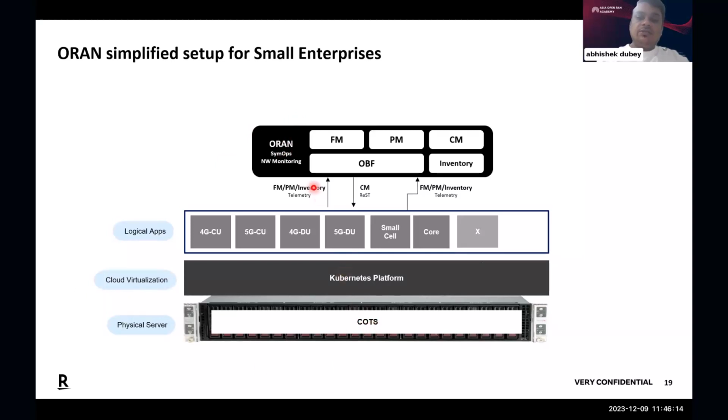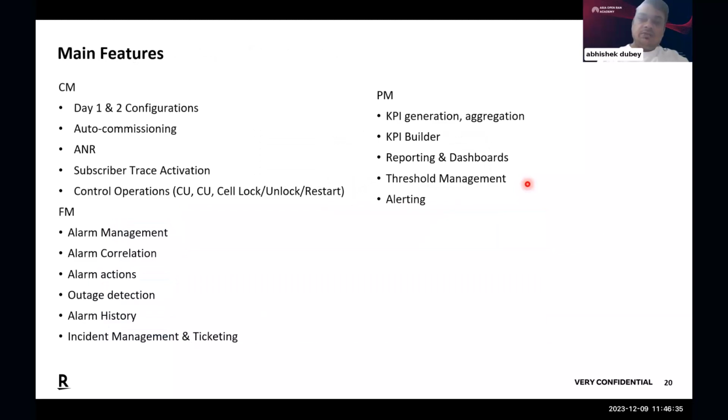Okay, so it's not just monitoring this and this. It's monitoring Robin.IO, or Rakuten cloud platform, as well as COTS hardware. Okay, so this is the advantage of the management solution Rakuten is providing.